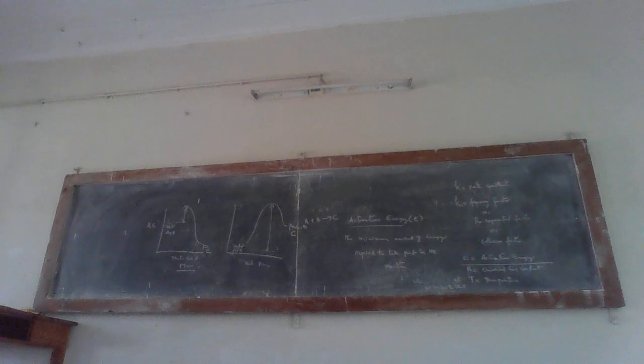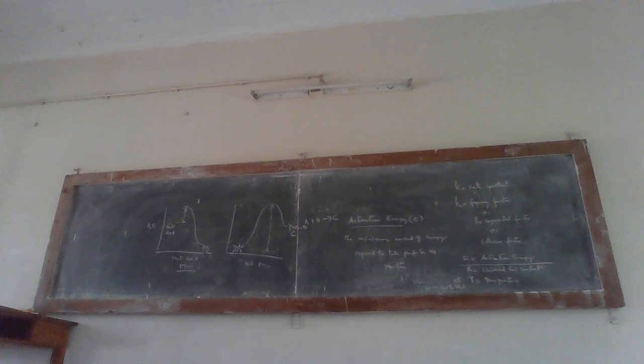Certain reactions are exothermic in nature, certain reactions are endothermic in nature. So exothermic means heat is released. Endothermic means heat is absorbed. Now, very clear, very good. Now look at the two graphs and tell me which graph is for exothermic and which graph is for endothermic.